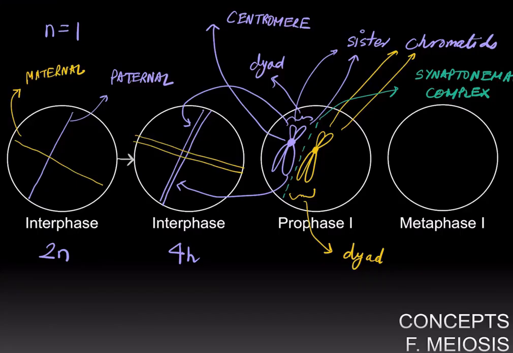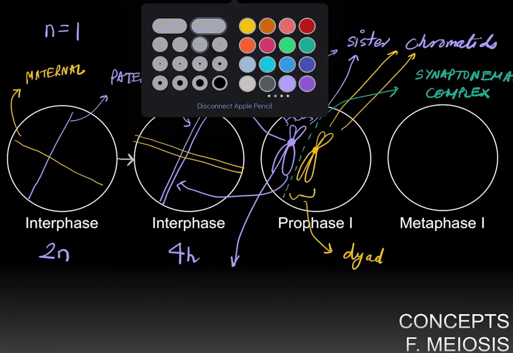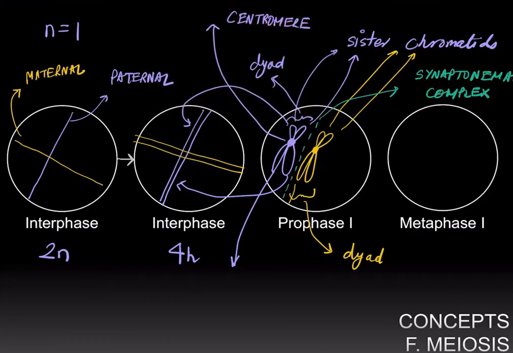The chromatids coming from the paternal and the maternal chromosomes, that is, the chromatids that are not the result of DNA replication, are referred to as non-sister chromatids.